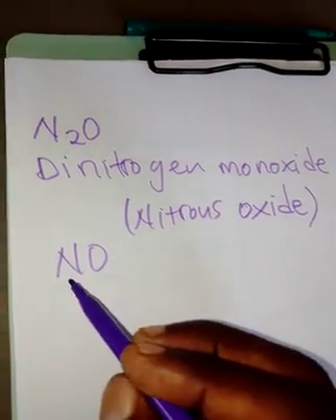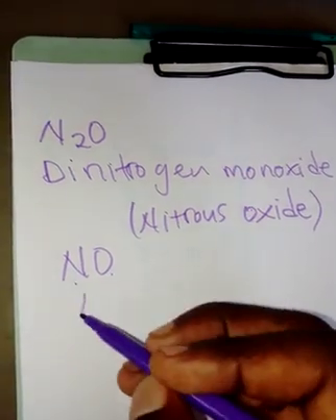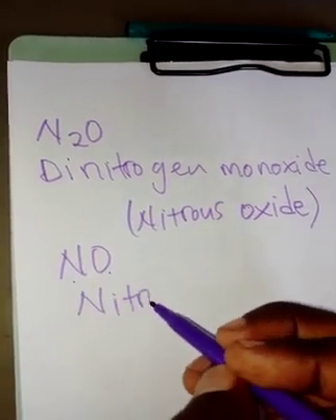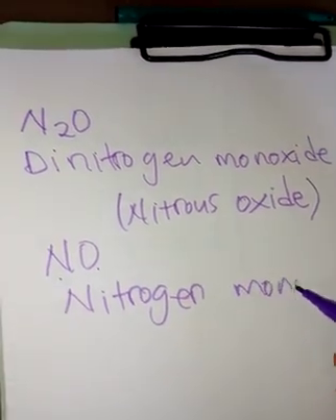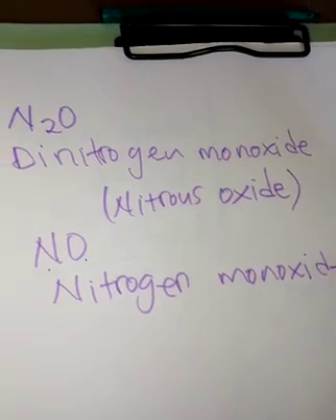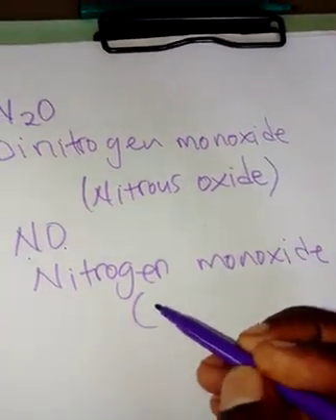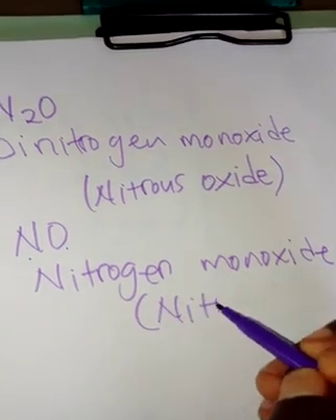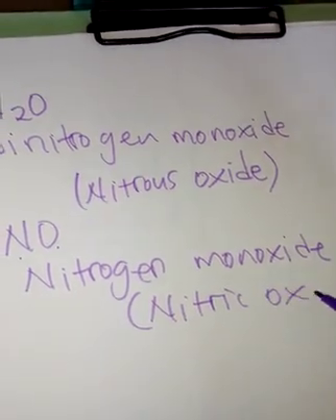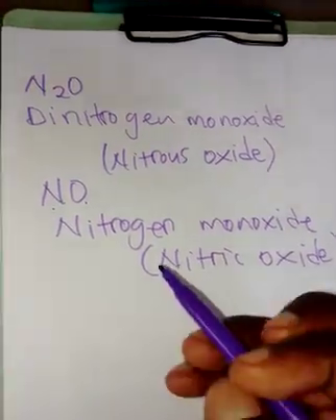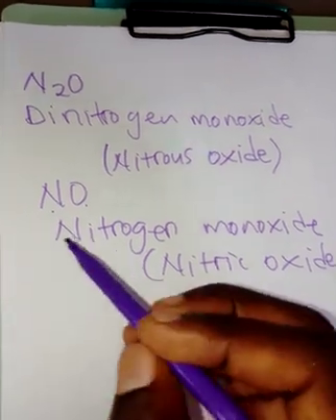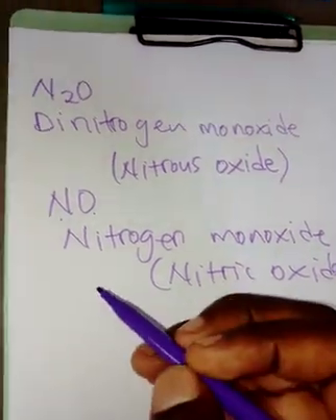So this is simply nitrogen monoxide. And the common name of this one is nitric oxide. Okay. And that is the systematic name, nitrogen monoxide.